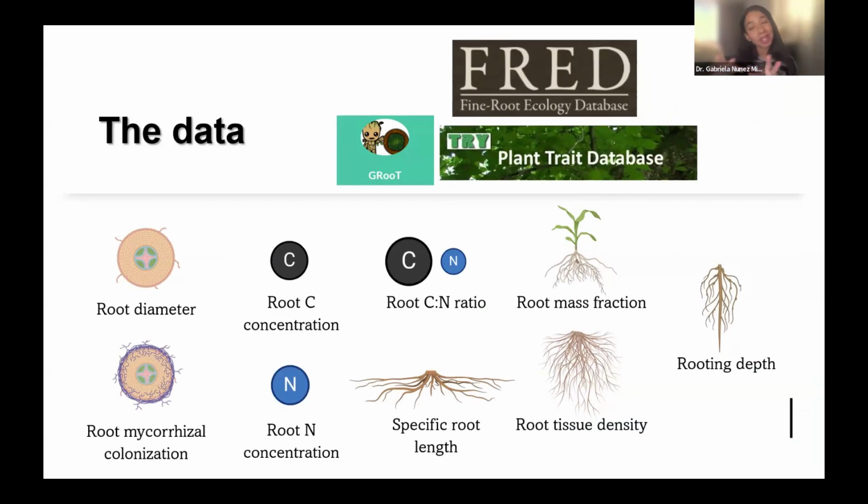So as I said before, sometimes these roots are used to recruit symbiotic organisms. And we got that data from these fantastic databases that are available right now: FRED, GRooT, and the TRY Plant Trait Database. So we set out to collect all of that.